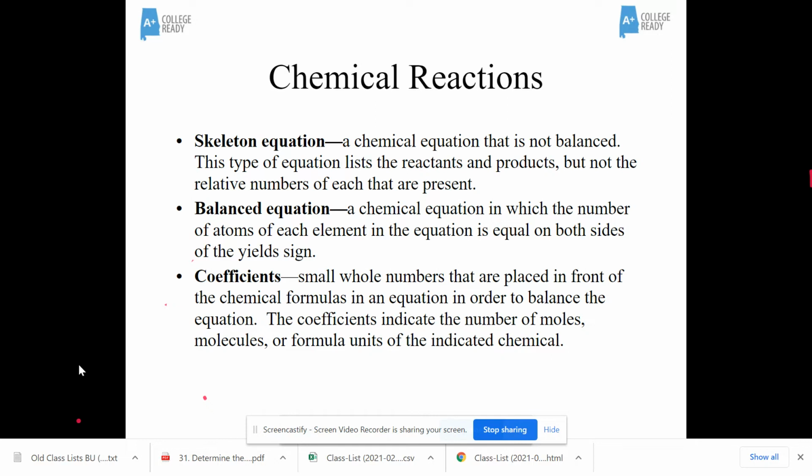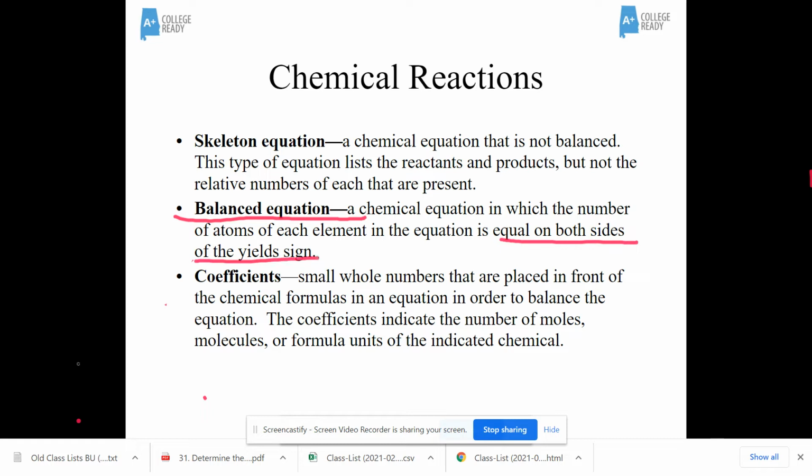That means we have the same number of atoms on both sides. Like I said, they can be rearranged, but they have to be the same number on both sides. Okay, so make sure you know that a balanced chemical equation is where we have equal numbers of things on both sides of the arrow.